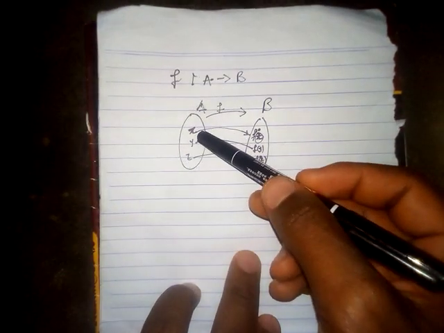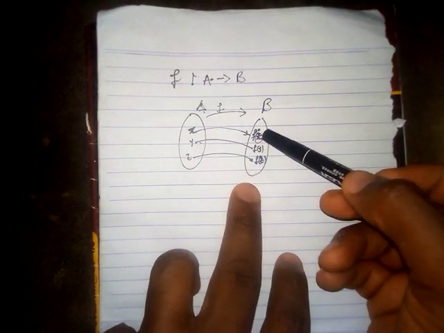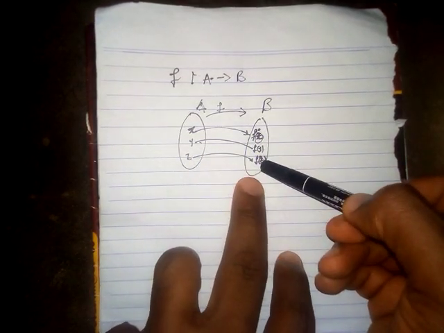Now these are the elements x, y, z, and these are the elements in the codomain: f of x, f of y, f of z.